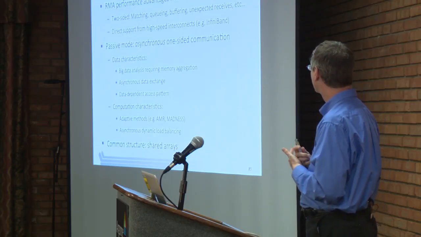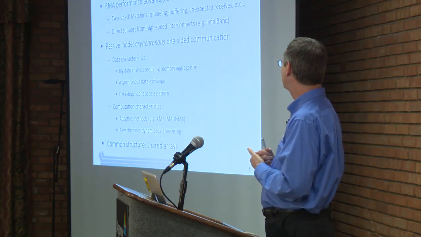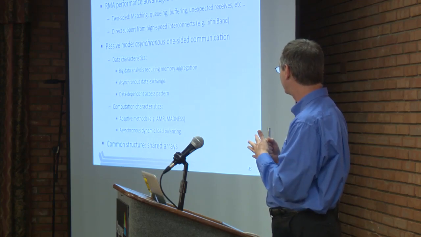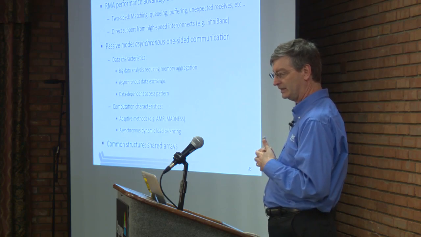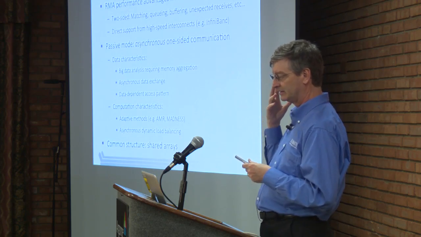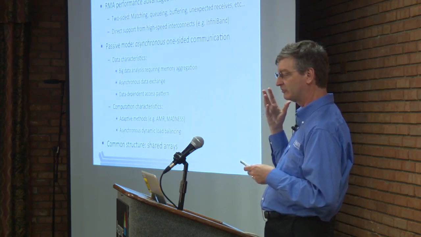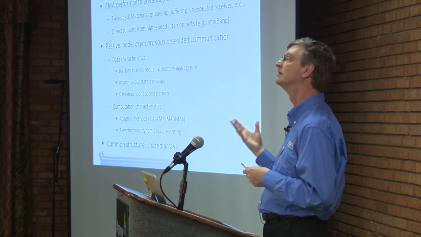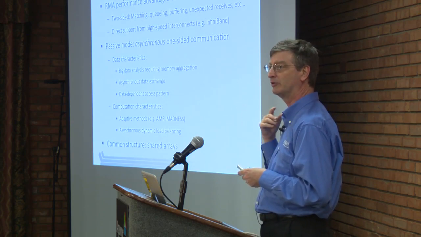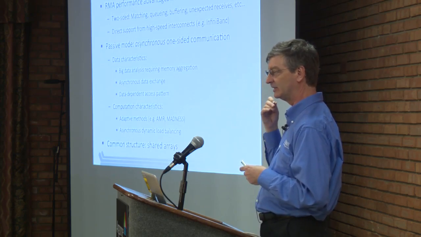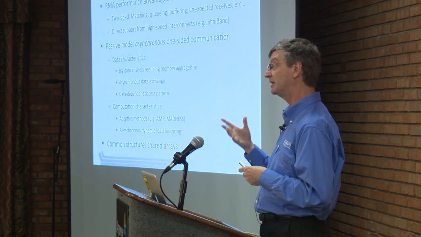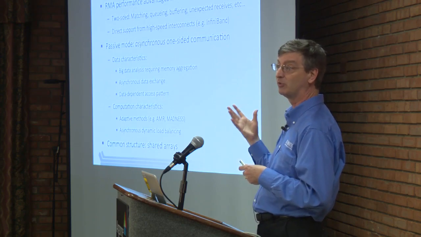So when should you use the passive mode versus the active mode? The passive mode really fits when processes are operating independently and need to access the data, and if the implementation can give you direct support.